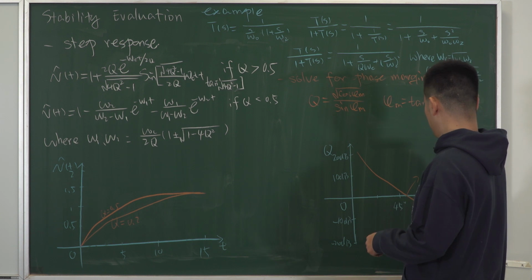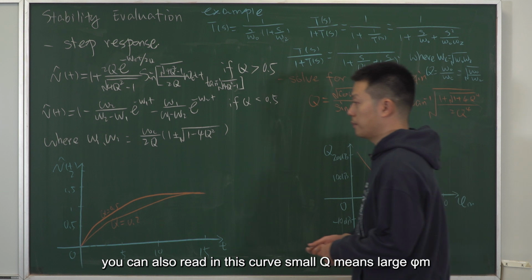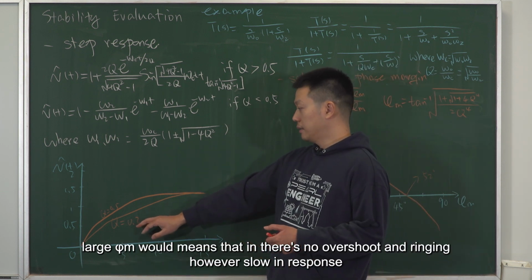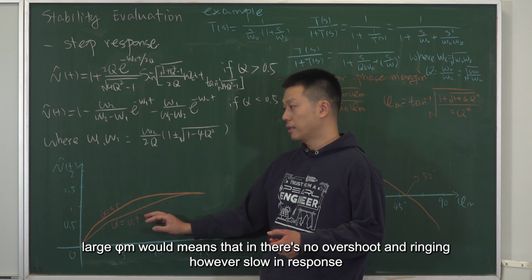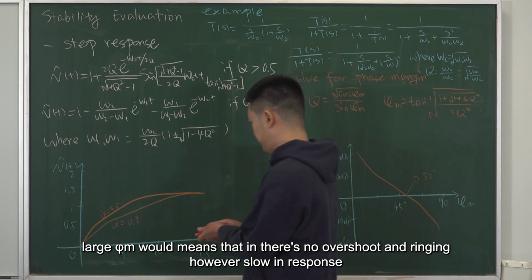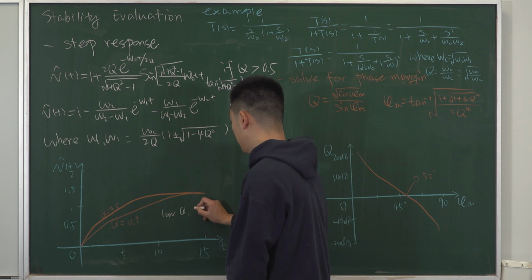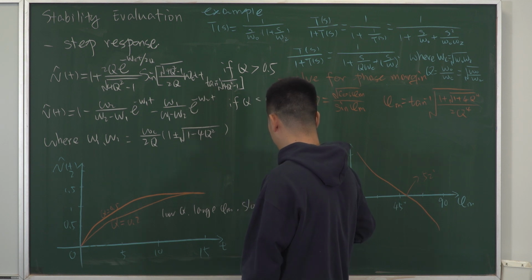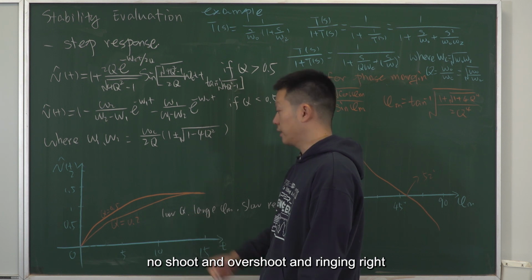So you can also read in this curve, small Q means large phi m. Large phi m means that there is no overshoot and ringing, however, slow in response. Low Q, large phi m, slow response. No overshoot and ringing, right?